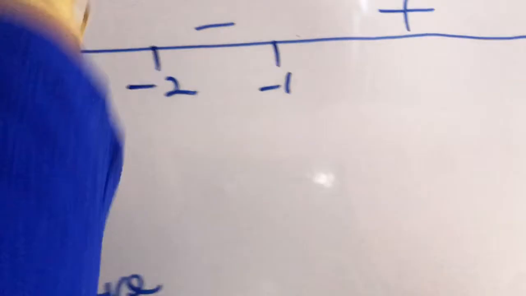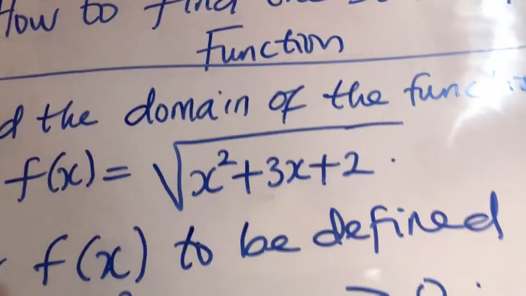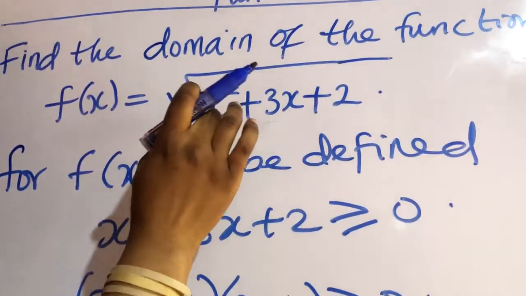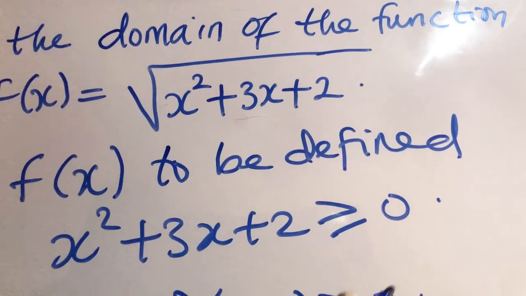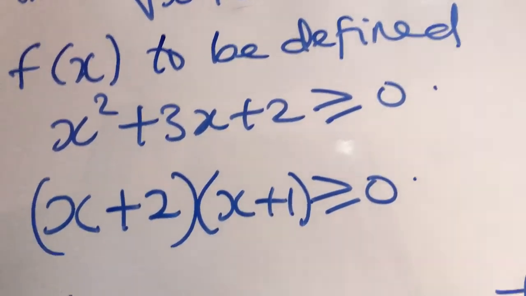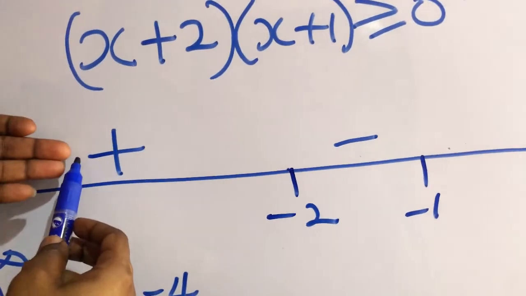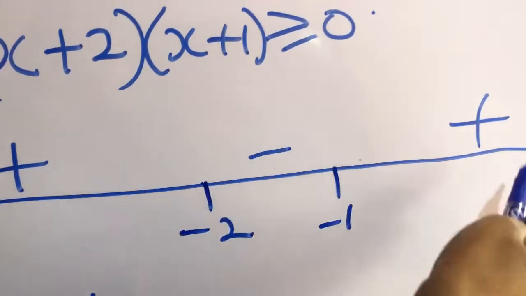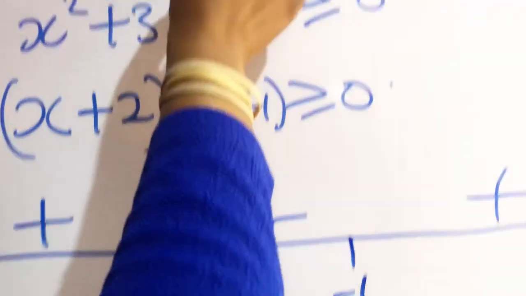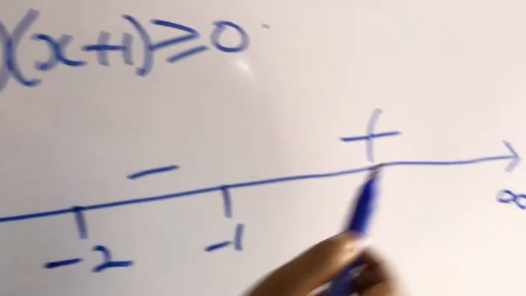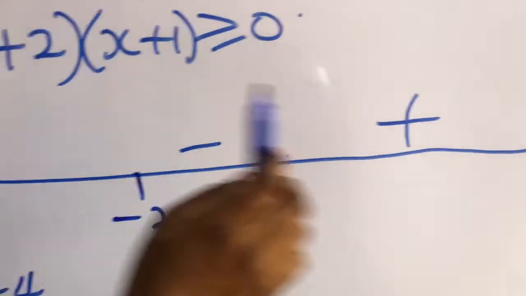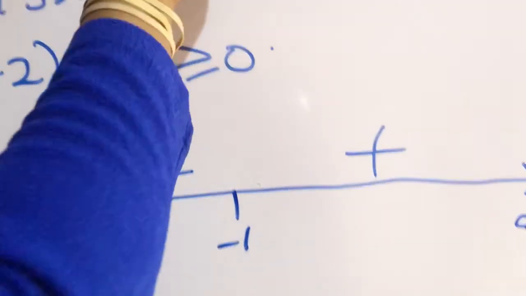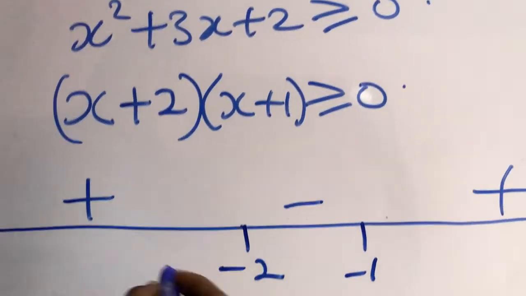So according to this law, which says that the square root of any function or any expression must be greater than or equal to 0, that means I do not need negative, I need the expression inside the square root to be positive. That means I'll go for those real numbers that will give me a positive answer inside the square root.